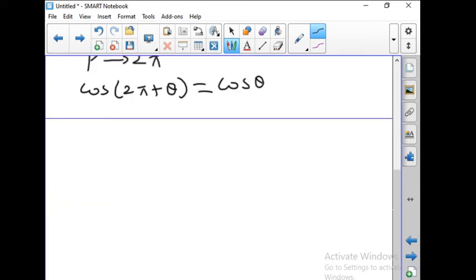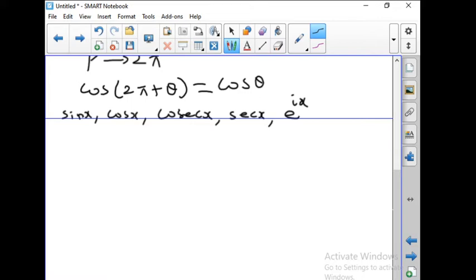Similarly, cosecant x, secant x and e power ix are all periodic functions with period 2 pi.